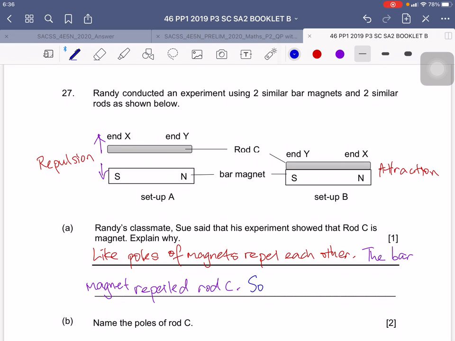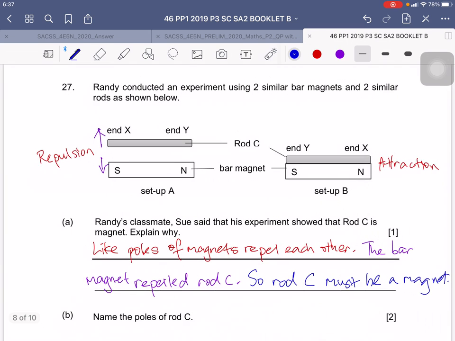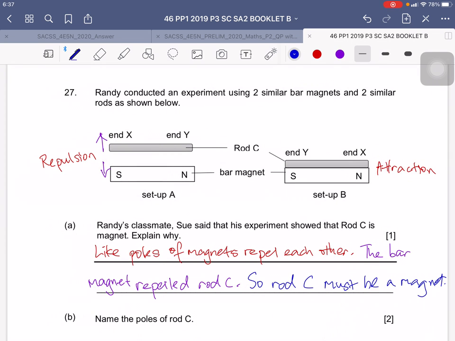So rod C must be a magnet. So my way of answering, you can see that I use the concept here, like poles of magnets repel each other. So the context here, the bar magnet repelled rod C. And the conclusion, rod C must be a magnet.